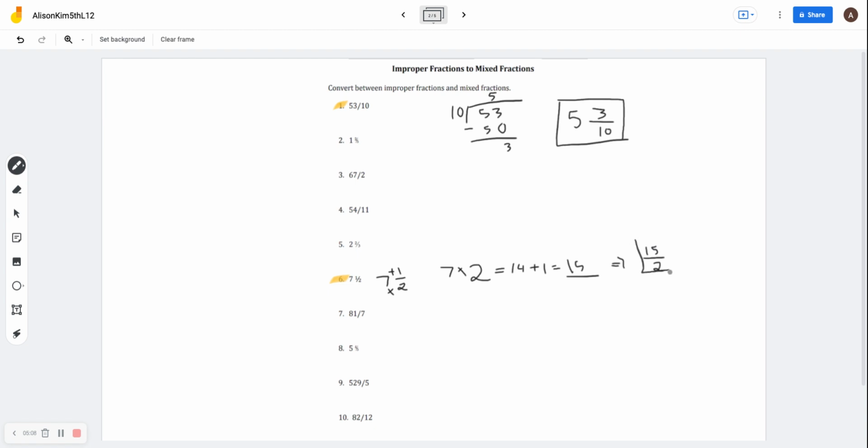For both cases, you can double check to see if you got it right. In this case, you divide 2 into 15, and you should get 7.5. As for the other one, if we do this method, we do 5 times 10, which is 50. 50 plus 3 is 53, and the denominator stays the same, so it'll be 53 over 10, which is the same as the one given to us right here.